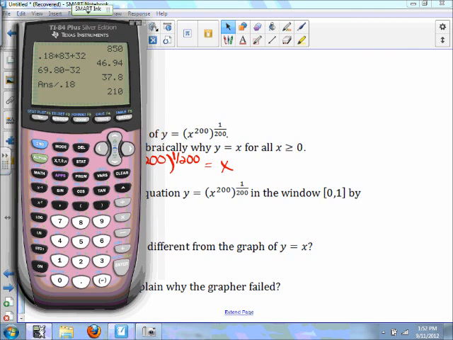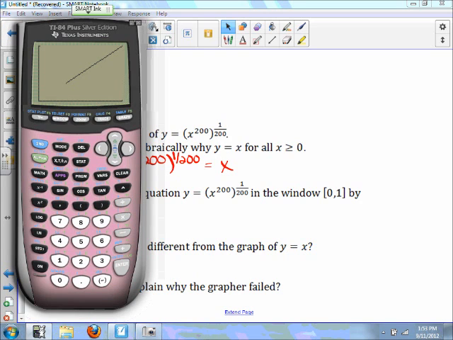Now, if we were to graph this equation in the window 0 to 1, this is what it's going to look like.